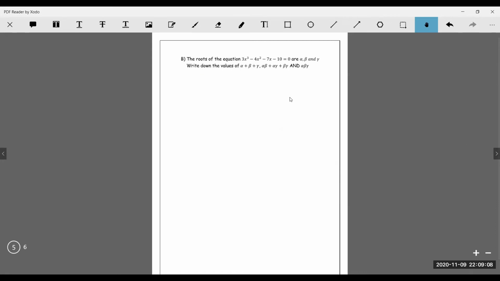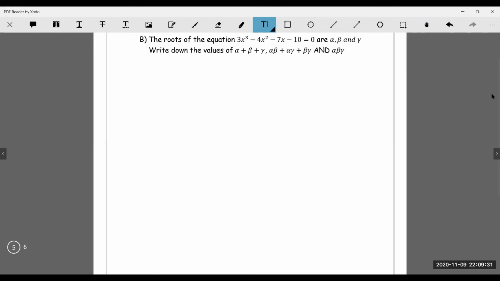All right. Now this part of the question says the roots of the equation 3x cubed minus 4x squared minus 7x minus 10 are alpha, beta, and gamma. It says write down the values of alpha plus beta plus gamma, alpha beta plus alpha gamma plus beta gamma, and alpha beta gamma. Now that's a very easy question right here.